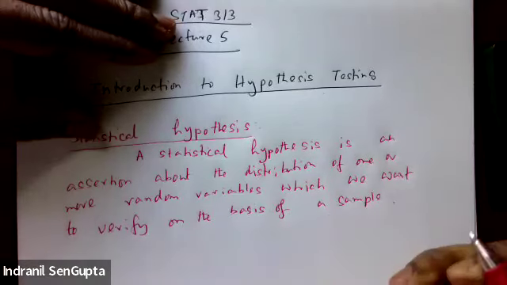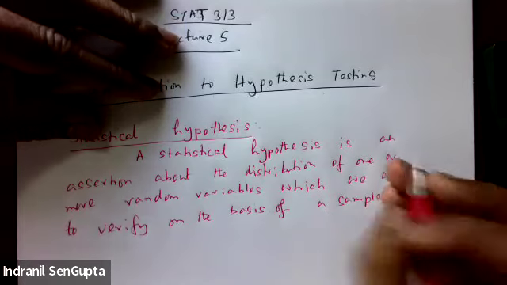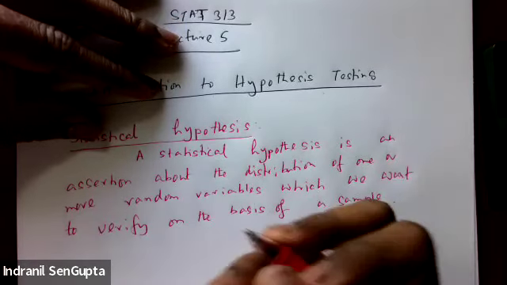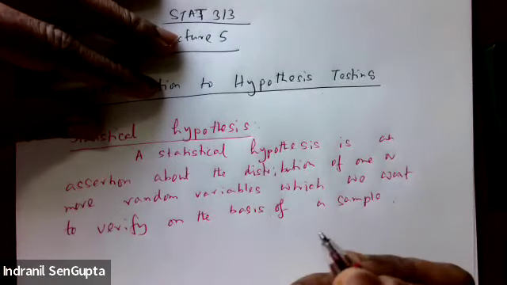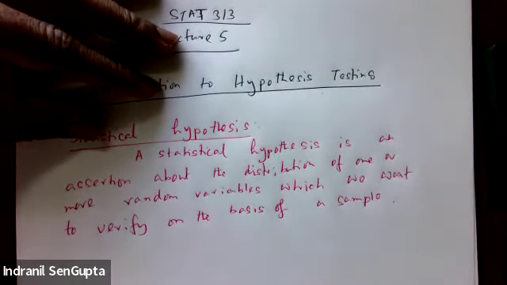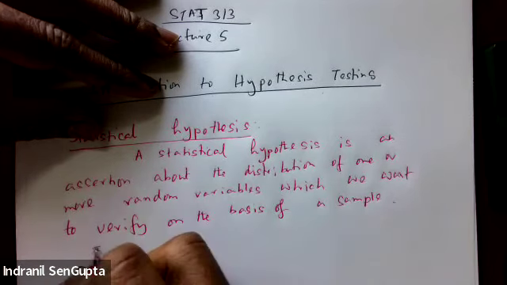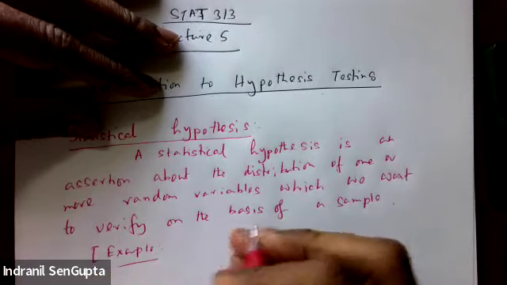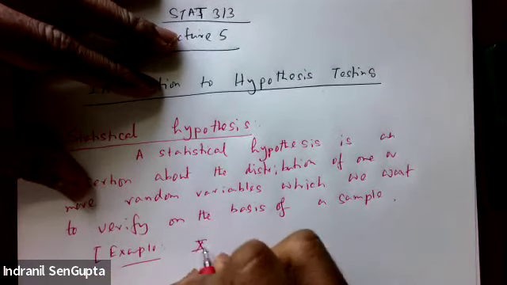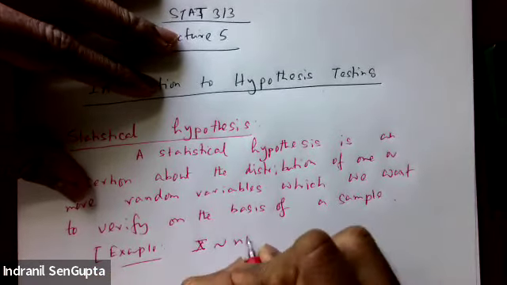You'll see a lot of examples, right? Like this one. There's the assertion that a random variable, for example, possesses a normal distribution, or suppose the assertion that the mean of a Poisson distribution for this random variable is 2, that is a statistical hypothesis. So for example, that X follows a normal distribution.